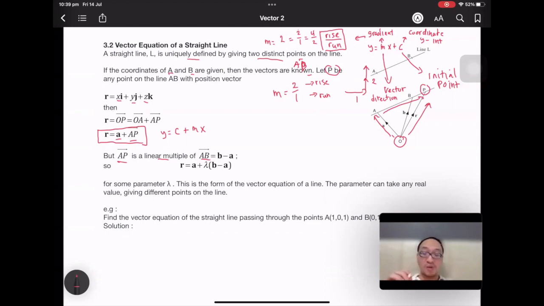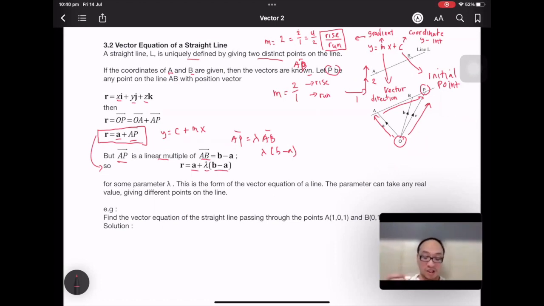That's why we can express AP as a multiple of the direction vector AB. Since AB equals b minus a, we can express AP as lambda times b minus a. So we can rewrite these expressions as r equals a plus lambda times b minus a.